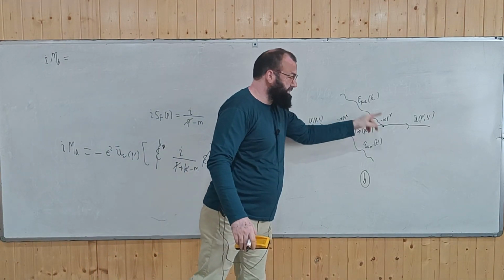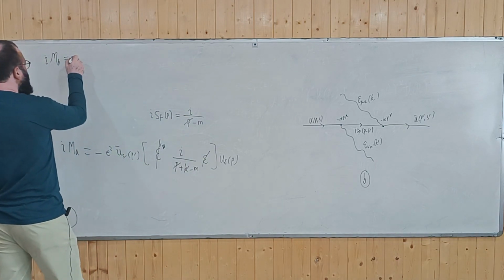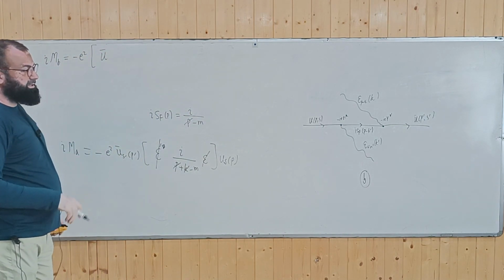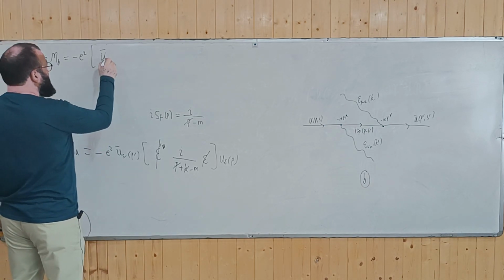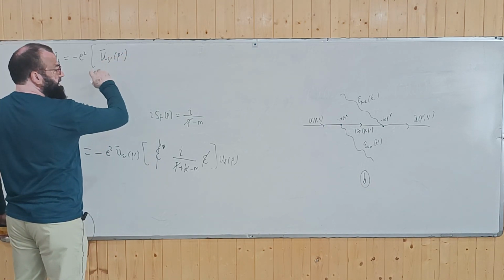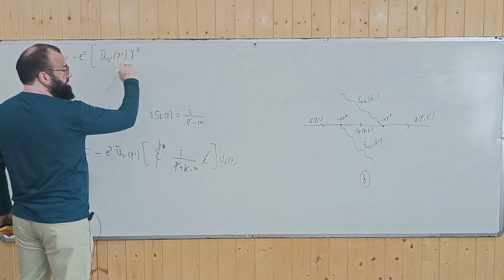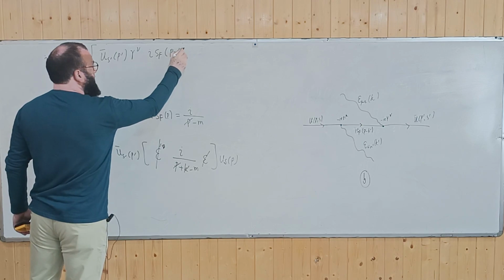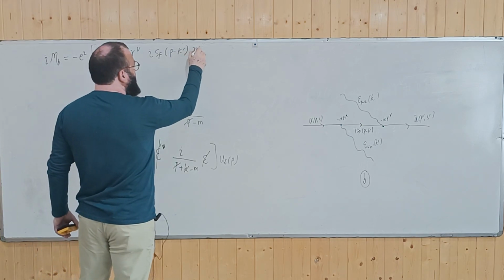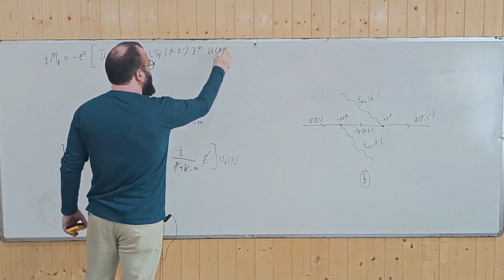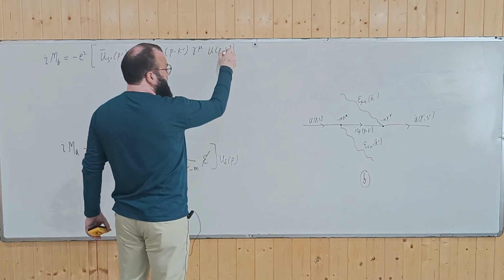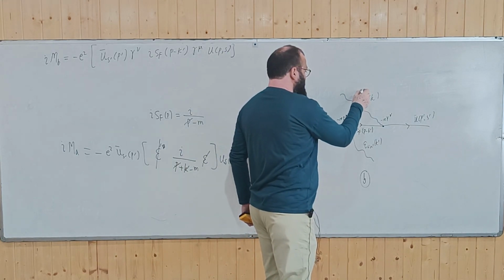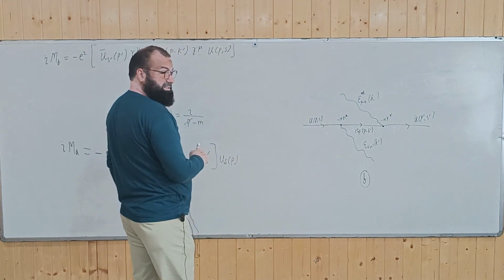So minus i, that's what? Minus e squared. So what remains there? ū(s', p'), then you are having gamma nu, then you are having i S_F(p minus k prime), then gamma mu, then u(p, s). One is star, because it is the initial photon.